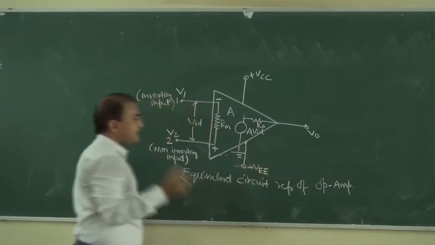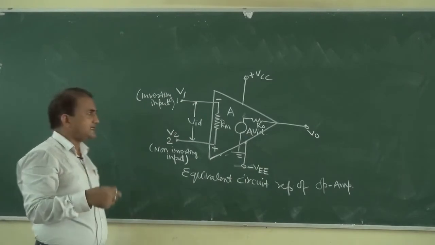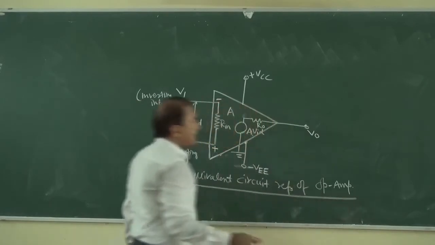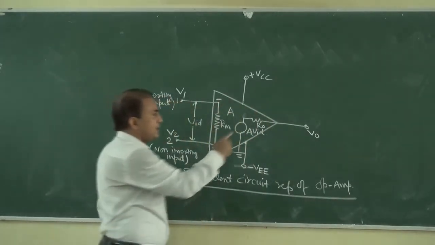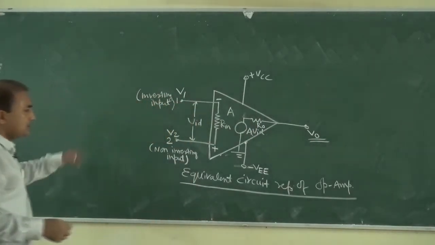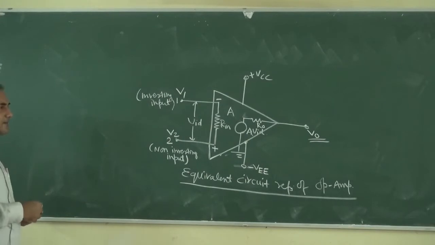Plus VCC and minus VEE are the biasing voltages. This is the equivalent circuit representation, and V out is the output voltage.